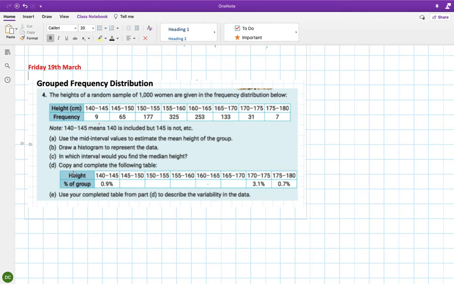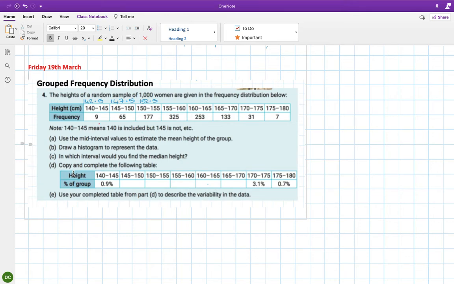Okay, so I'm going to get my mid-interval values. You do 140 plus 145 and divide by 2. So that is 142.5. 145 plus 150 divided by 2 is 147.5. 150 plus 155, we're at 152.5.